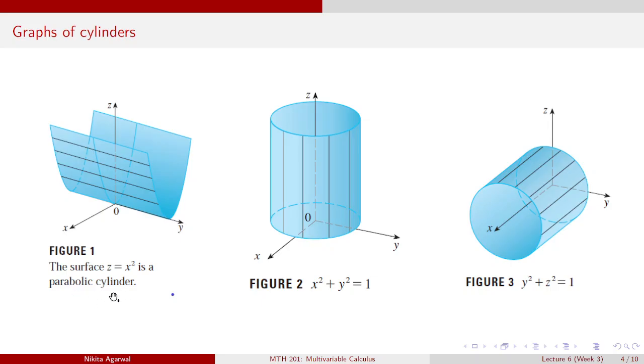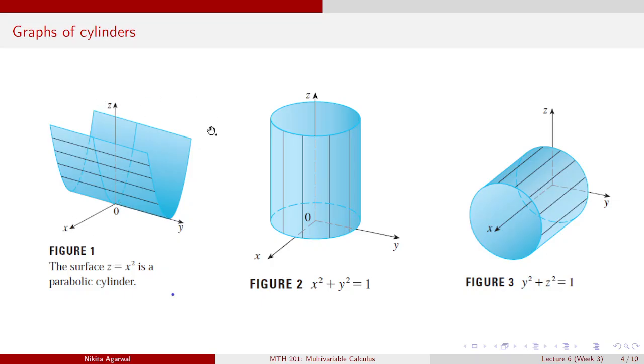You all know the picture of a parabola. You don't see a y variable here, which means that this surface, whatever picture you get, is the same for all values of c when you put y equal to c, because that is not going to disturb the equation. So let us put y equal to 0. Y equal to 0 means the xz plane.